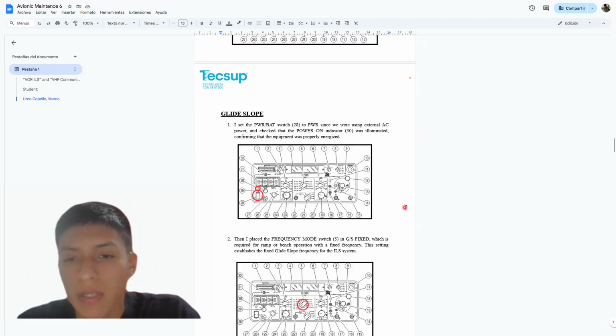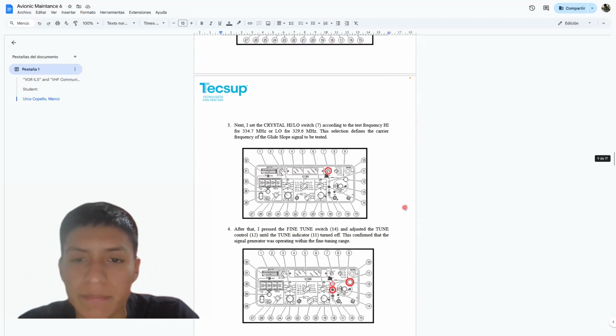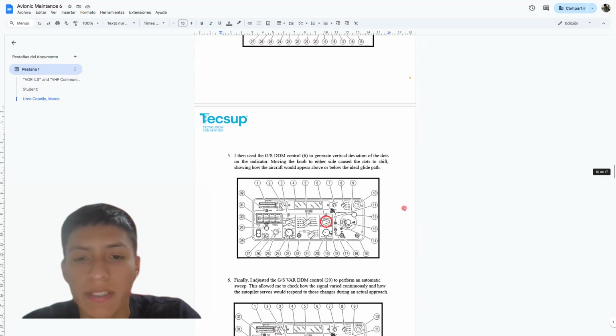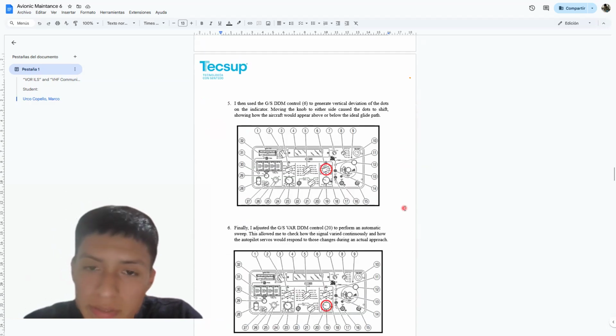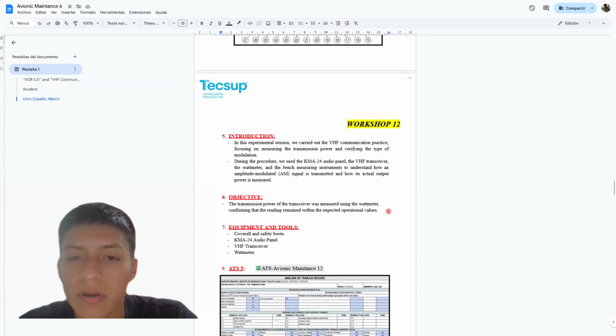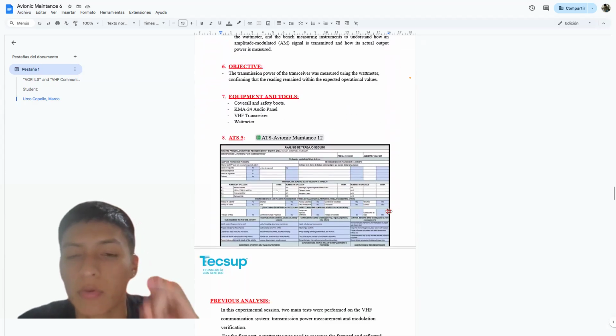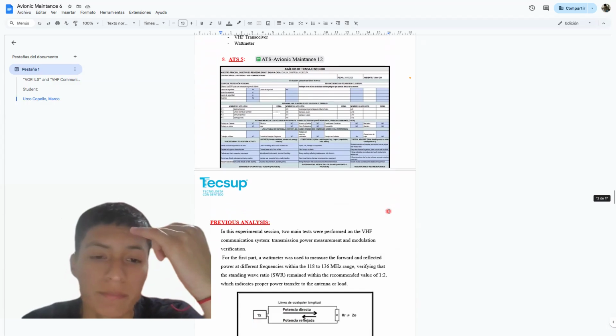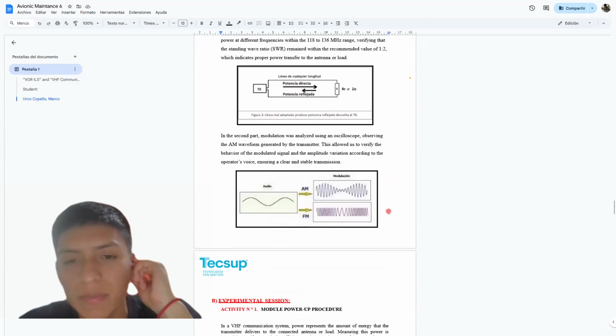Now, the next workshop is the VHF. In this case, I talk about the modulation and power. What is modulation?